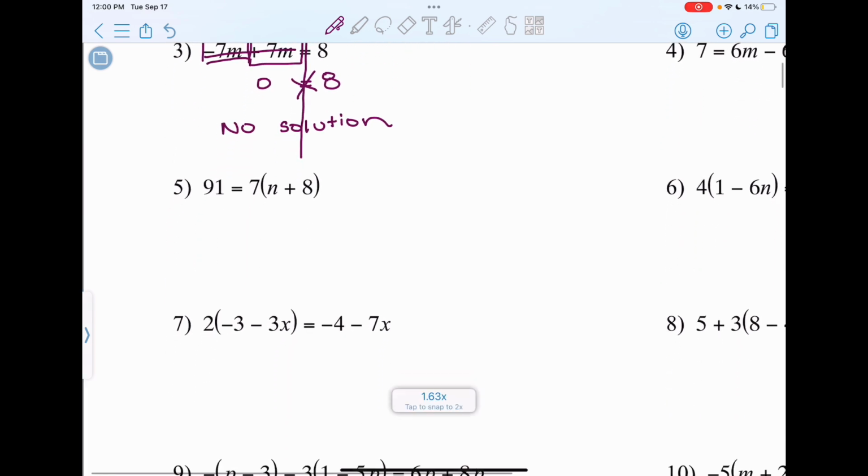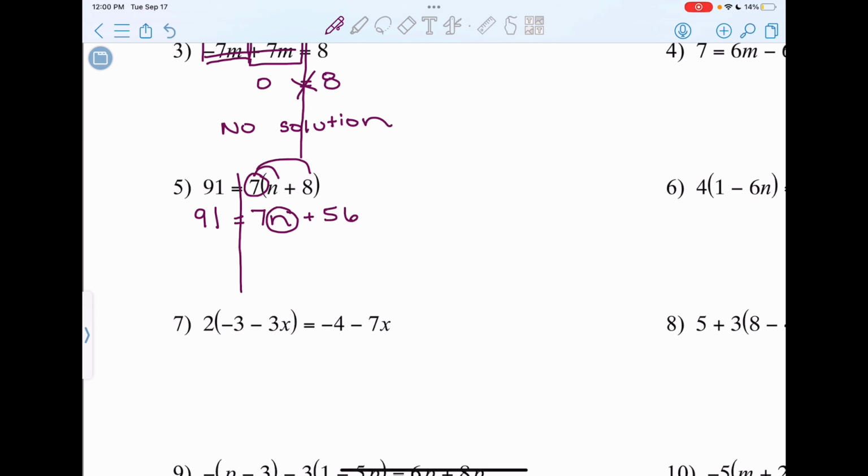In number 5, I draw my line at my equals, and I need to distribute. I need to multiply the 7 to the n and the 8. We are multiplying. So 7 times n is 7n, and 7 times 8 is 56. And I'm trying to get n by itself.